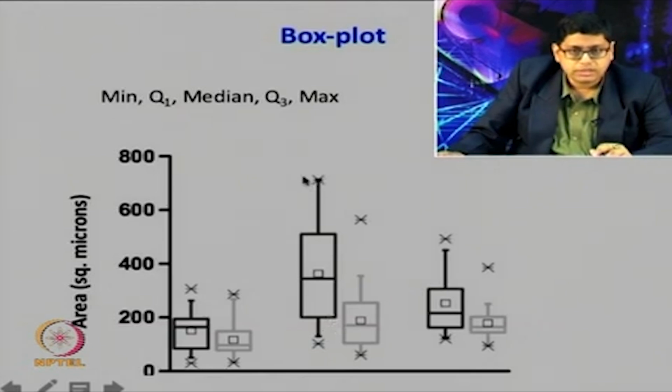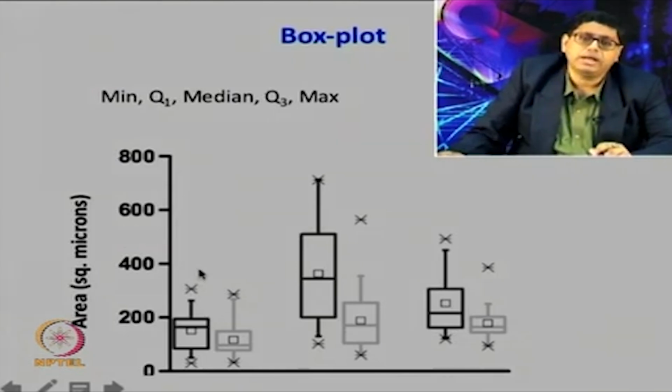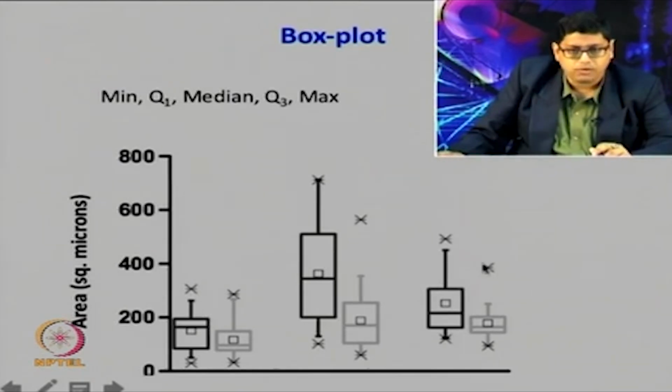This point coincides with the maximum value of the distribution, but this point, and for that matter this point, is much outside the box limits. These points are examples of outliers, and it is not surprising that in many experimental data you do have outliers. The square inside the box denotes the mean.